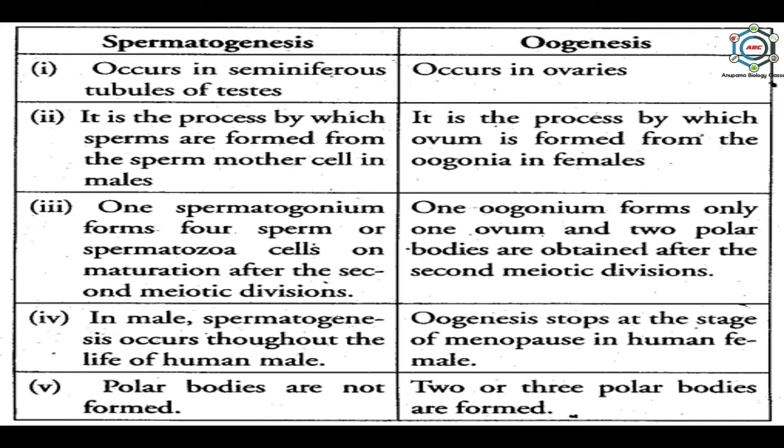In spermatogenesis, one spermatogonium forms 4 sperms or spermatozoa on maturation after the second meiotic division, while in oogenesis, one oogonium forms only one ovum and 2 polar bodies are obtained after the second meiotic division. Spermatogenesis occurs throughout the life of the human male, while oogenesis stops at menopause in the human female. In spermatogenesis, polar bodies are not formed, while in oogenesis, 2 or 3 polar bodies are formed.